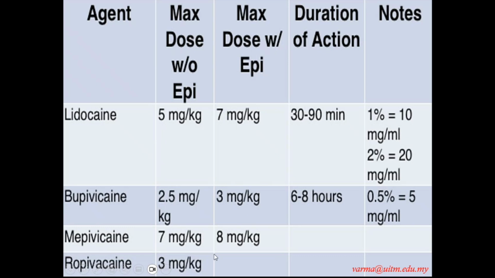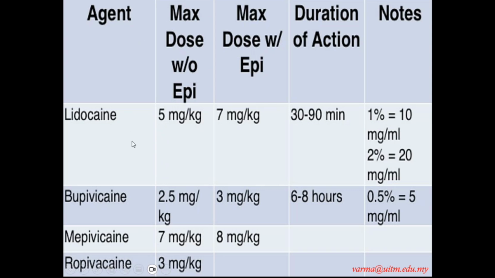But what I remember is lidocaine as 4, ropivacaine as 3, and bupivacaine as 2. So 2, 3, 4, BPL. Bupivacaine is 2, ropivacaine is 3, lignocaine is 4. This is acceptable.